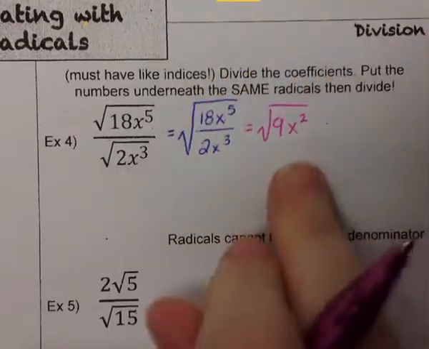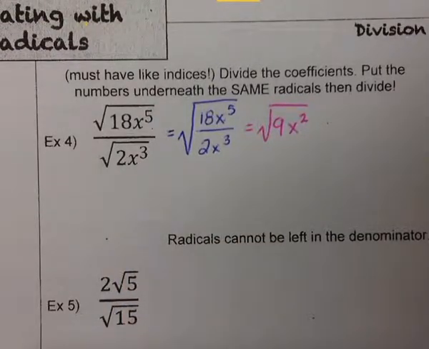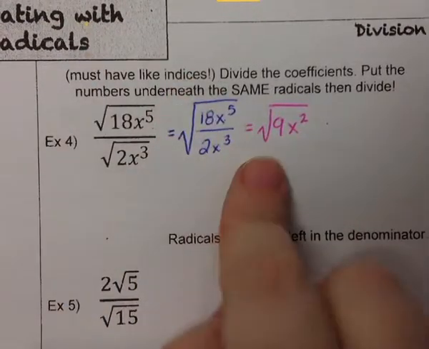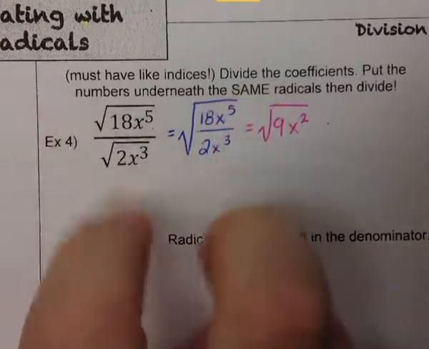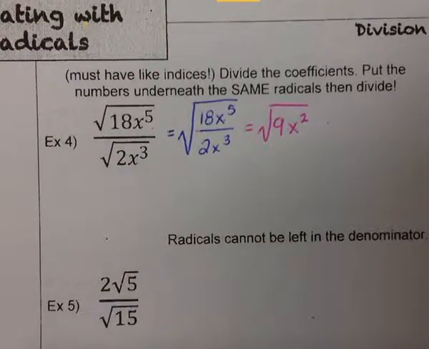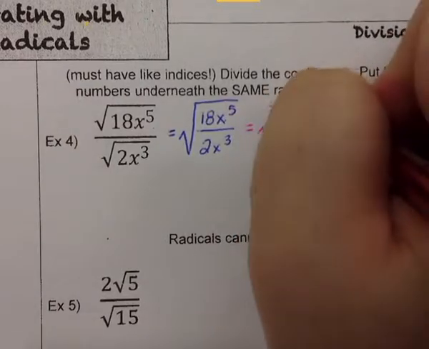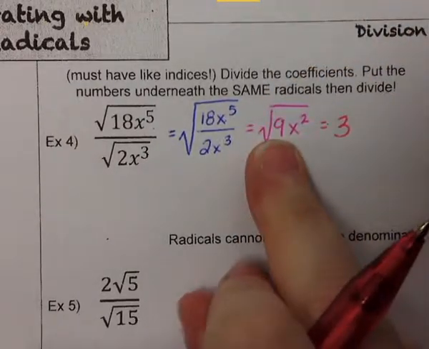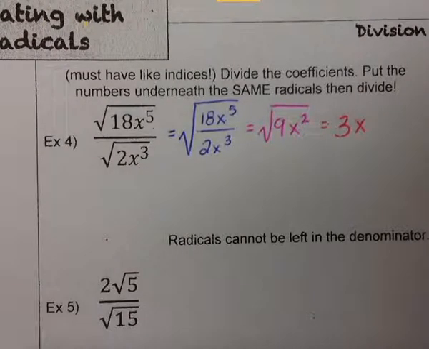I no longer have a fraction, so there's no way I can have a radical left in my denominator. So this makes more sense than trying to rationalize ahead of time. So now we can just simplify the square root of 9x squared. The square root of 9 is 3, and the square root of x squared is x. So our answer is just 3x.